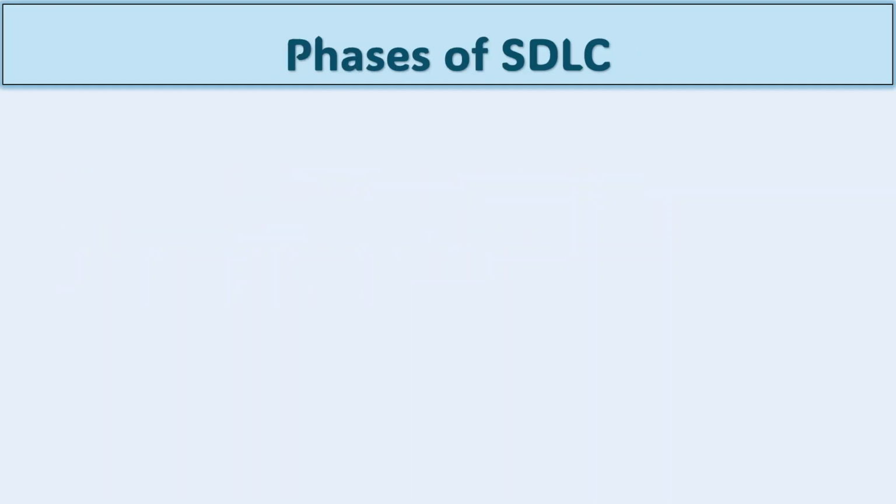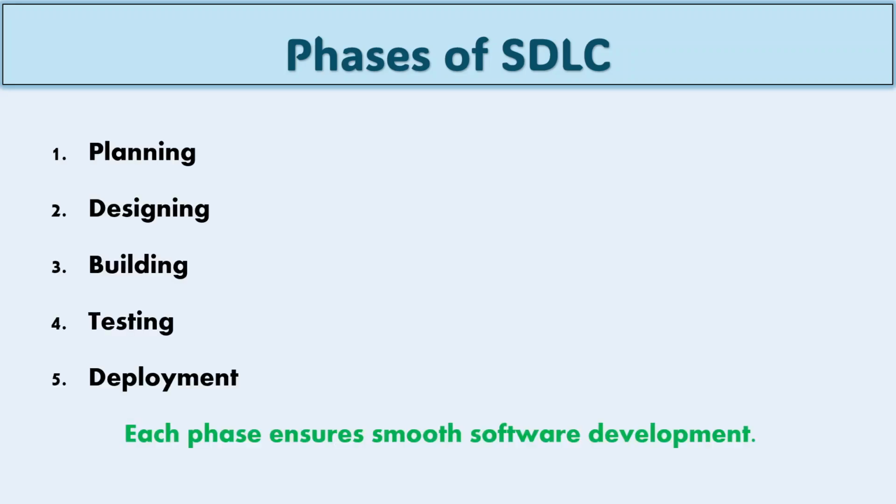Now let's look into the key phases of software development lifecycle. Before jumping into the key phases, let me give you a real world example so that you can relate to these phases easily. Imagine that you are building a house. You won't just go and start laying the bricks without any plan, right?